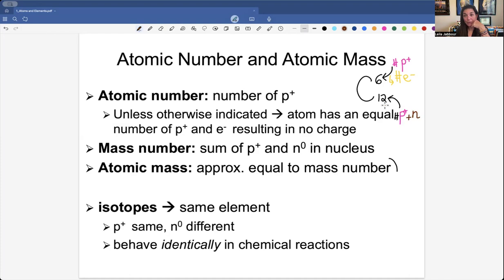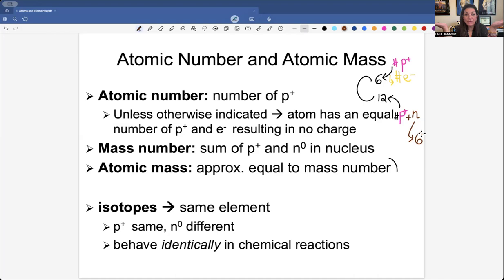So knowing that the atomic mass is 12 for carbon in this particular example, 12 is the number of protons plus neutrons, and knowing that we happen to have 6 protons for this particular atom, carbon, this little arrow here means I'm concluding that, because I know there are 6 protons and the total is 12, the neutrons must be 6. 6 protons plus 6 neutrons together makes 12.